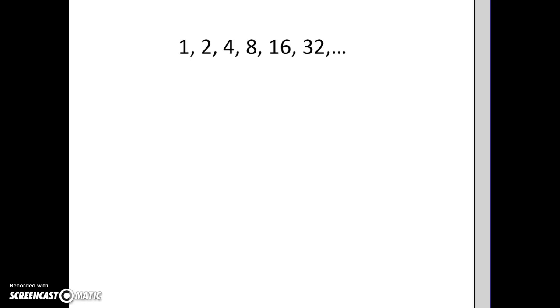That means I would multiply 1 by a number to get 2, multiply 2 by a number to get 4, multiply 4 by a number to get 8, etc. So that common ratio, that r, means that 1 times some number must equal 2. And obviously that number would equal 2, which means my common ratio is 2.